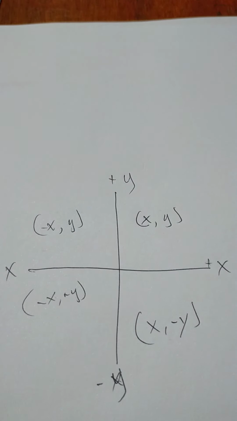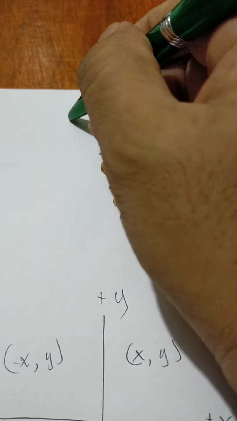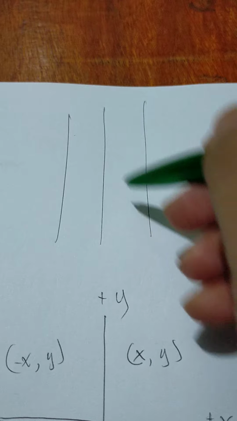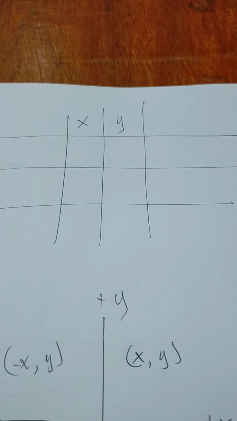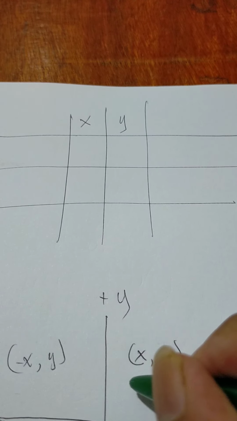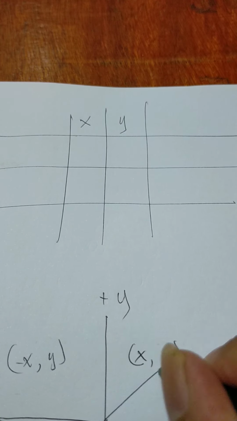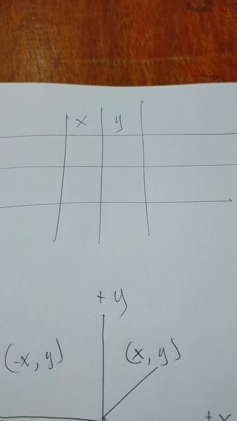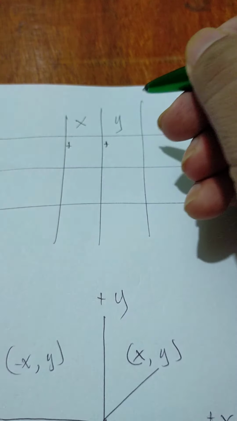In our table that we will be making, this is the x component and the y component. If the angle or the vector falls on the first quadrant, then the x is positive and y is positive.